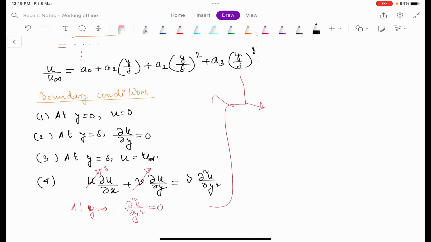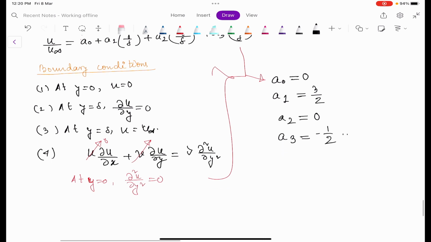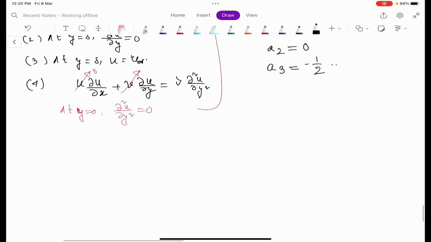I have done it and I am directly writing the values because there is no meaning to do it again, because it is a very simple algebraic exercise. So I am just listing the values. So these are the values, and then the profile becomes this.